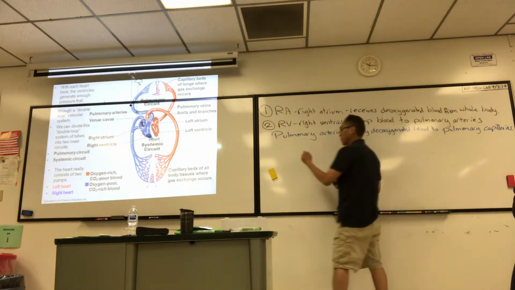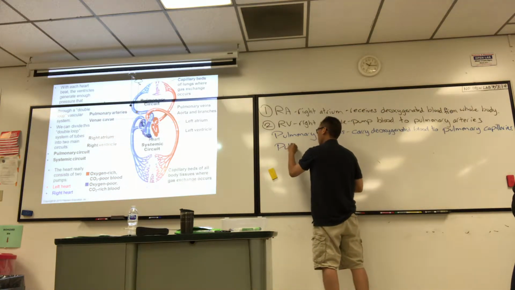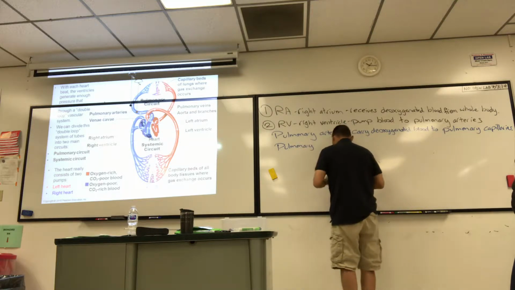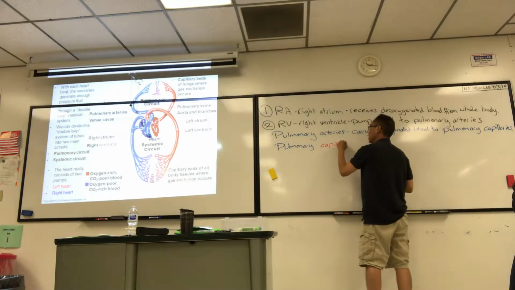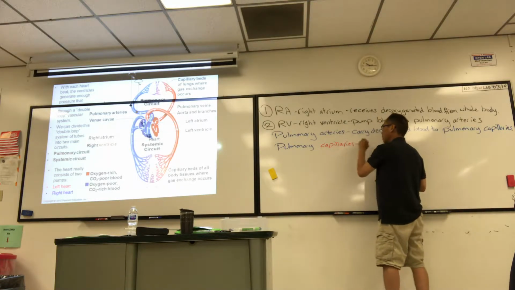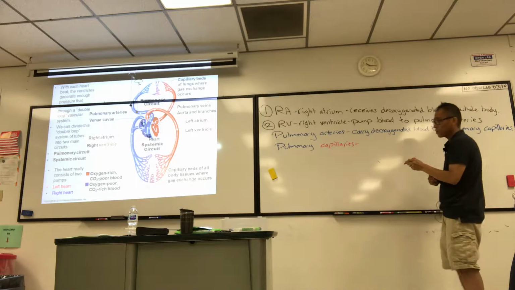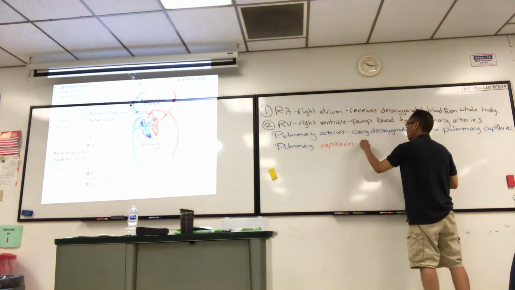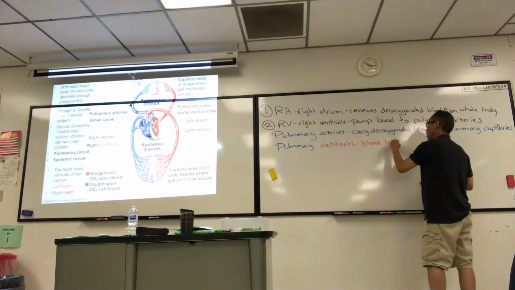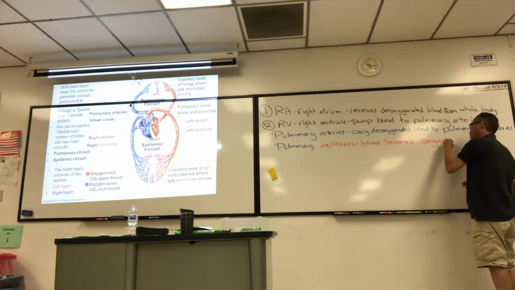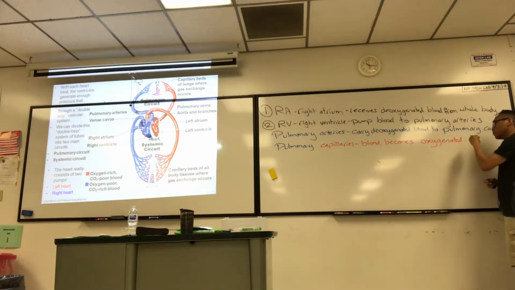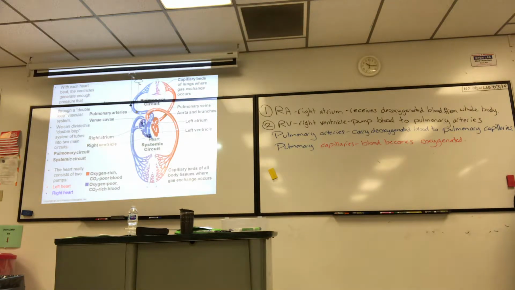Let me draw pulmonary capillaries, half blue, half red here, to symbolize the fact that the blood picks up O2, becomes oxygenated. And that's great. That was the function of those pulmonary arteries and capillaries, to oxygenate the blood.